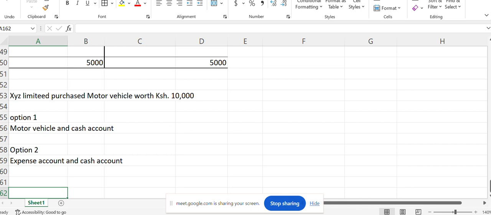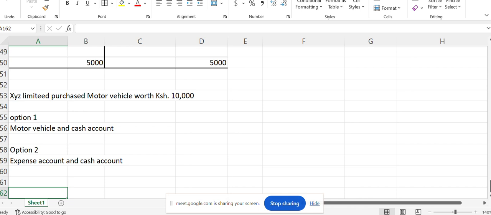But the one that opens expense account and cash account will have recorded that amount not only to a wrong account, but to an account that belongs to a different class. Expense and assets are two different classes. In our previous error, that is error of commission, Patel and Peter were all debtors, all assets.